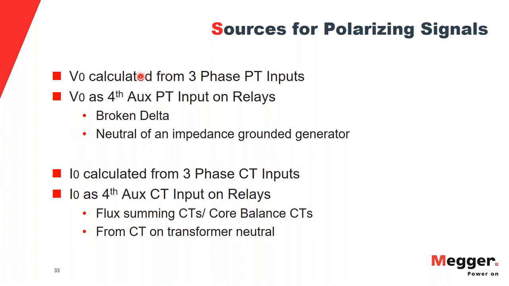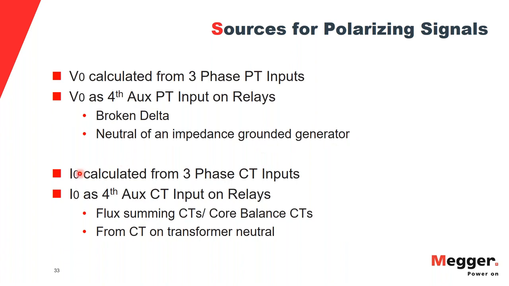So V0 can be calculated from three-phase PT inputs, or V0 can be used as the fourth auxiliary input on the relay. That fourth auxiliary input you can connect either to the broken delta PT connection for the zero sequence voltage polarization method, or you can connect to a neutral of an impedance grounded generator or transformer if you are using a zero sequence current polarization technique.